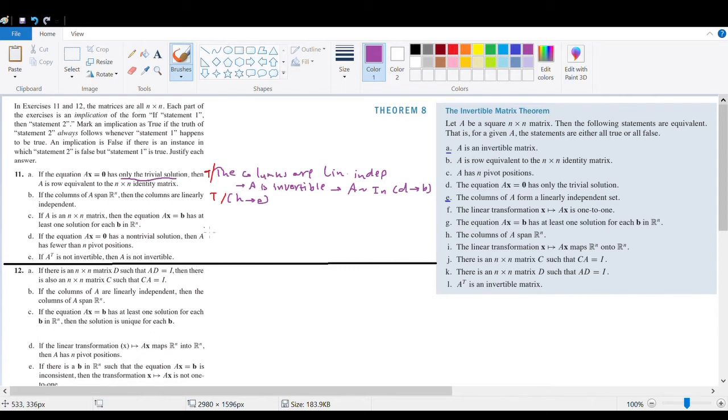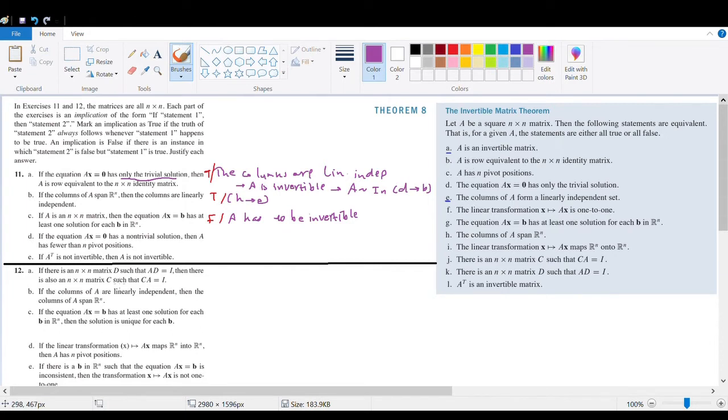So this one is false because we need A to be invertible. We cannot conclude that the equation Ax is equal to b has at least one solution for each b in Rn unless A is invertible or one of these statements is true.